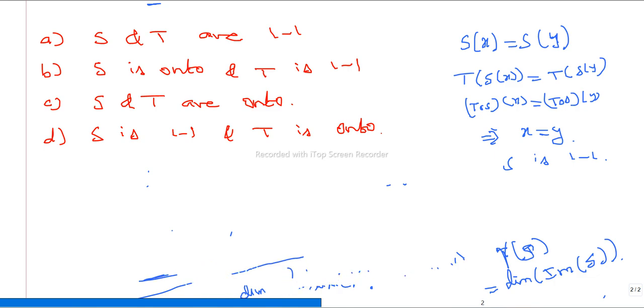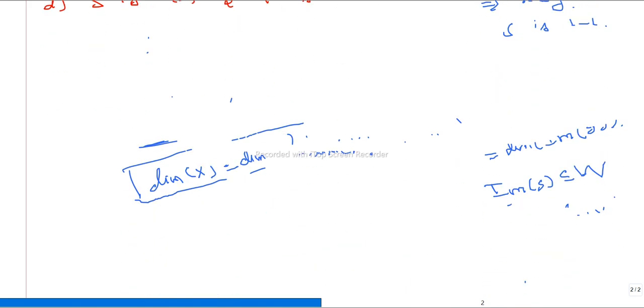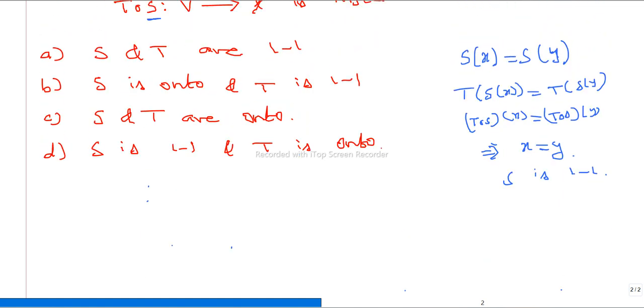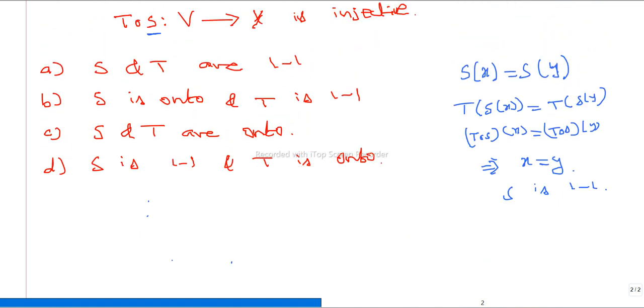Maybe it takes some time, but because it's given that the dimension of V equals the dimension of X, that is the important thing. Sir, we know that T composition S is 1-1.